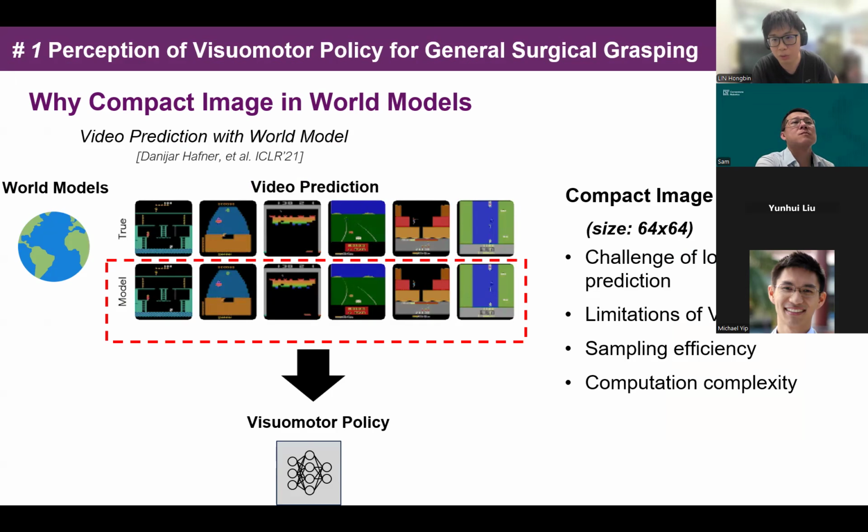In most world model architectures, they use a compact image with the size of 64 by 64. The first reason is that it is challenging to learn a long-horizon video prediction. In addition, they typically use a VAE for encoding, which is notoriously hard to scale to high-resolution images. Finally, the compact image improves the sample efficiency and the computation complexity.